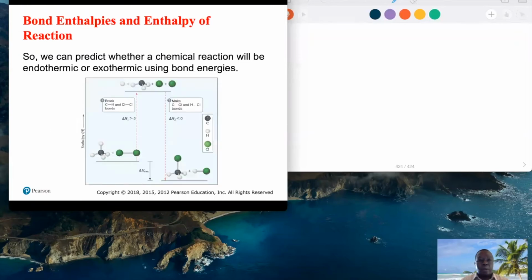If you look now at the reaction, in this case the bond formation, you need to see how many bonds are broken and how many bonds are formed.